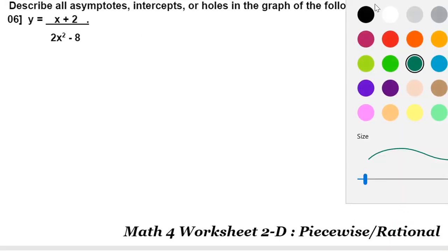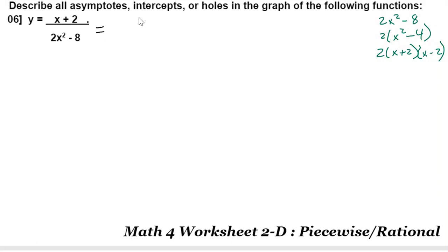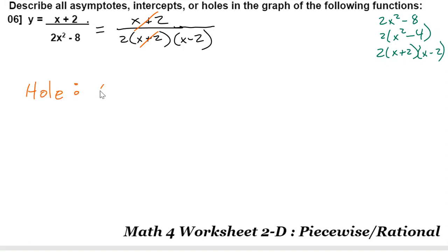So we're going to rewrite this in terms of 2 times x plus 2 times x minus 2. Yacht and yacht. We're going to have a hole at x equals -2. We're going to have a vertical asymptote where x is +2.